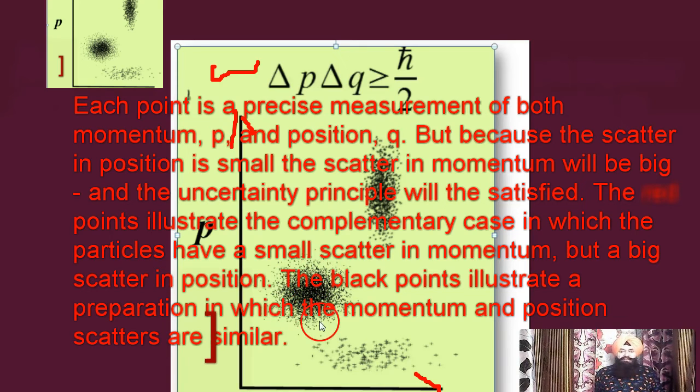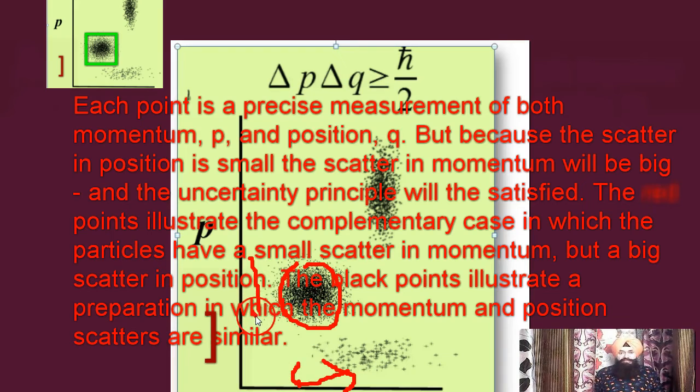At one time, this is the value of position and this is the value of momentum. At another time, this is the position of the particle and this is the momentum. So this spread shows there is some error in the value of the position, which is delta x, and some error in P, which is delta P.